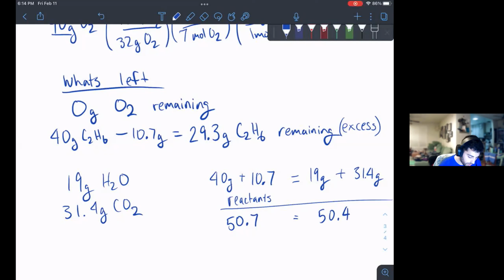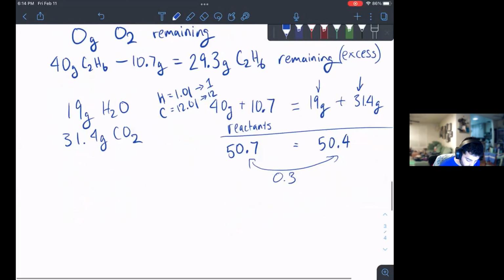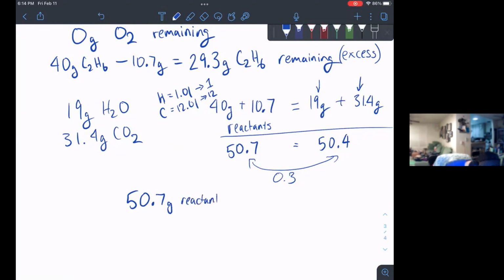I took some shortcuts. For example, hydrogen weighs 1.01, but I've been using 1. Carbon also weighs 12.01, but I've been just using 12. So my shortcuts kind of get in the way here, where I'm off by about 0.3. Regardless, if I only find one of these two, I can just say I have 50.7 grams reactants, which is going to be equal to 19 grams of H2O plus some amount X grams of CO2.